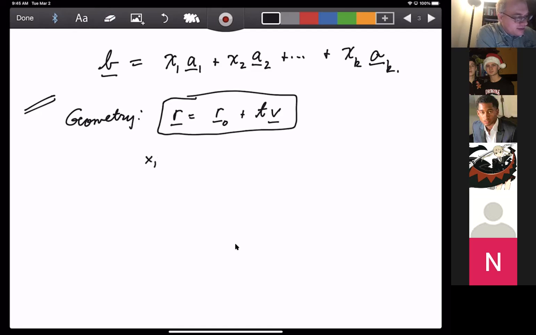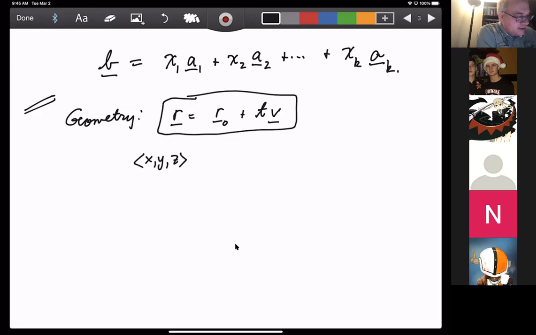A line. Now the notation for vectors is different in calculus, but the idea is exactly the same.